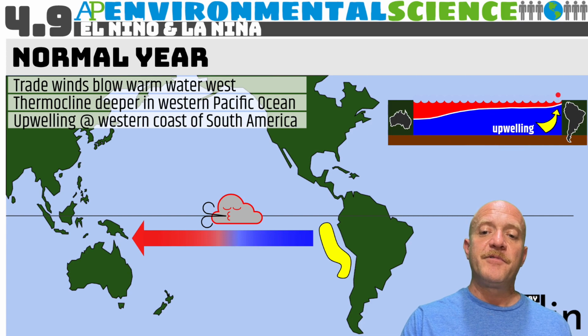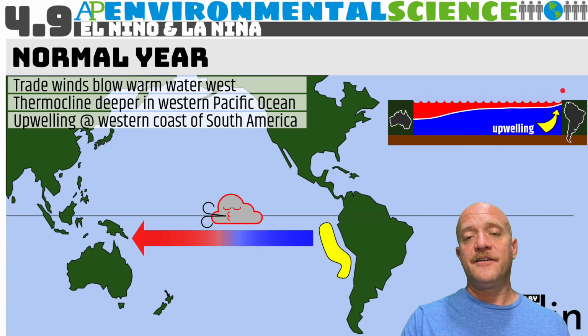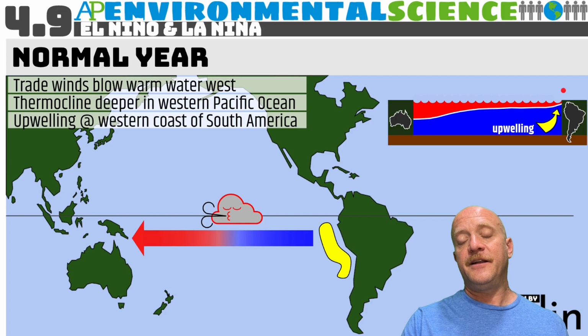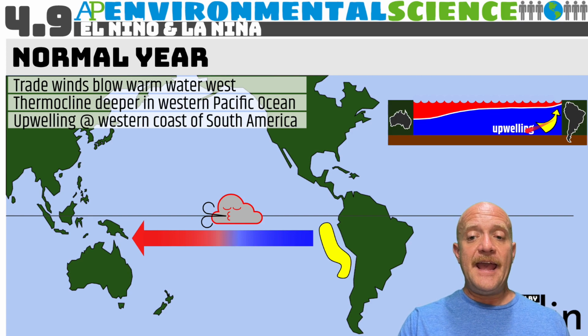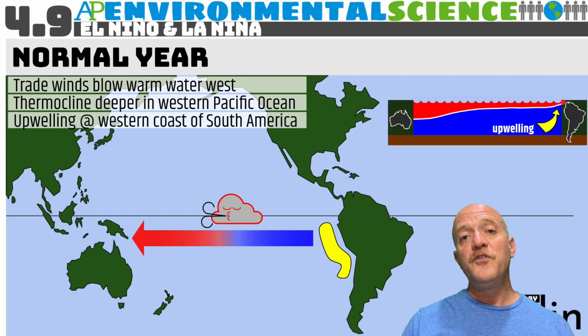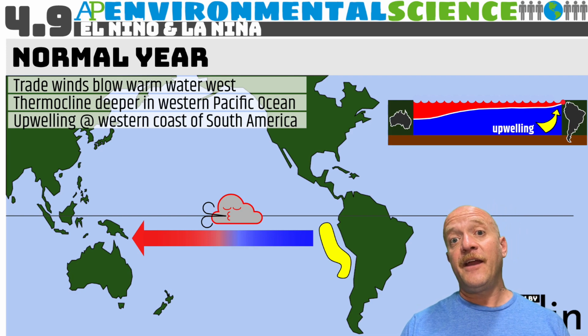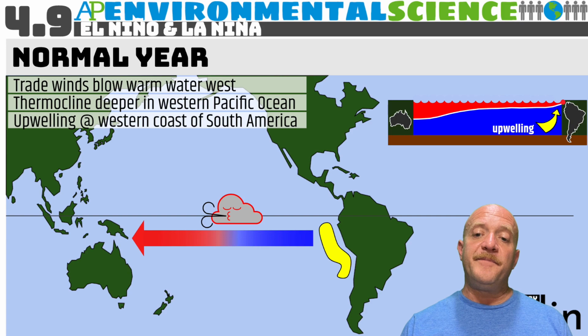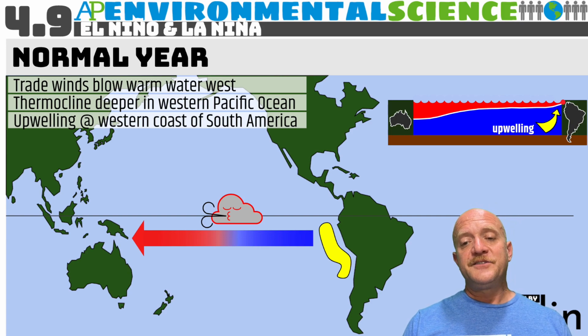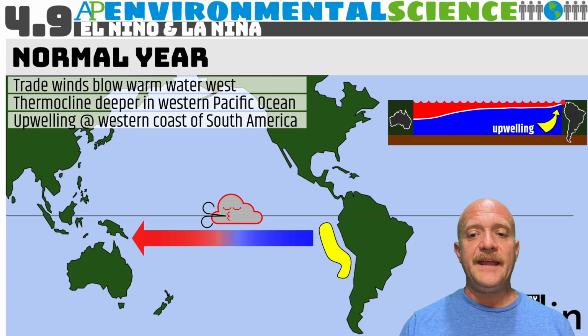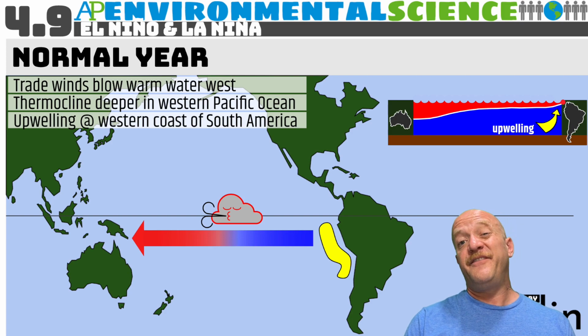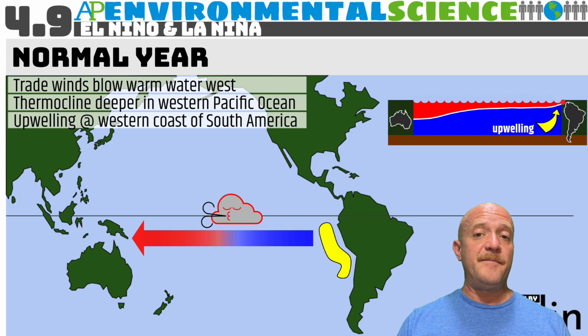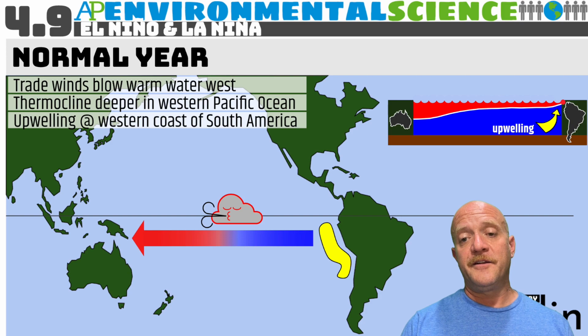So that water is being replaced from water deep in the ocean, underneath the ocean surface, and it's bringing with it nutrients. So upwelling is the movement of nutrients from the benthic areas of the ocean up to the surface waters. These nutrients bring in a lot of fish, and they really impact the food web off the western coast of South America.